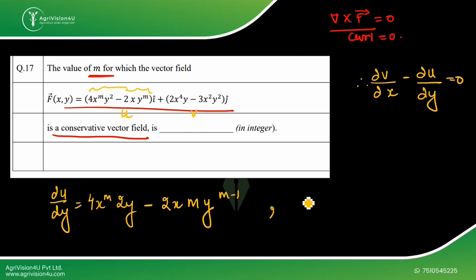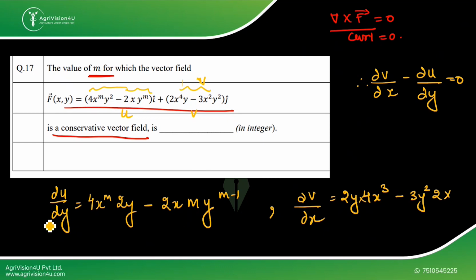And similarly, you can calculate dou V by dou X. What is this V? V is this portion. So if you differentiate it with respect to X, what you will get? Again 2y will be constant. And if you differentiate x to the power 4, you will get 4x cube, right? This is multiplied, 4x cube minus 3y square is constant, and x square, if you differentiate this, you will get 2x, right?